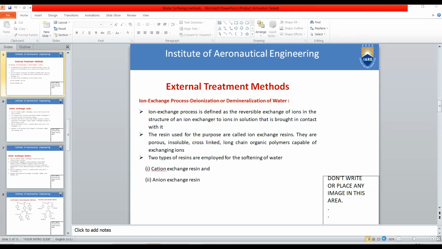Demineralization of water and deionization of water. So these are the alternative names for the ion exchange process.